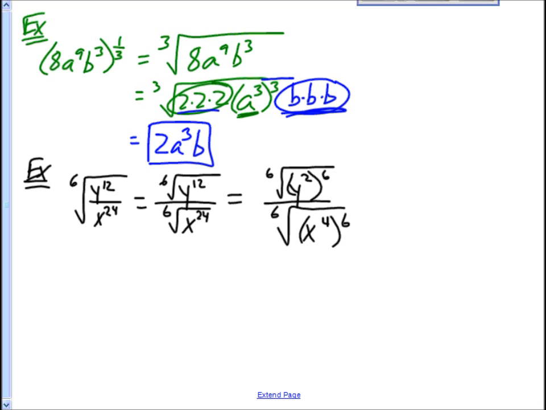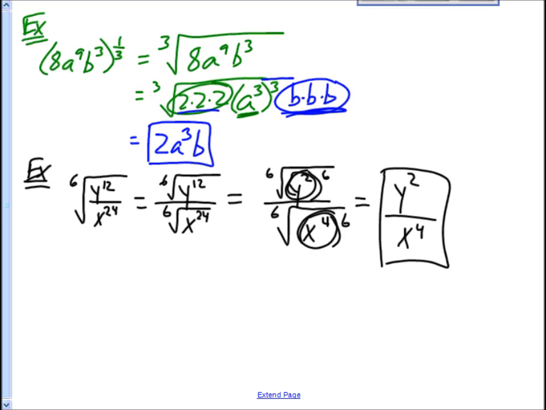So x to the 4th to the 6th, and so I end up with y squared on the top and x to the 4th on the bottom. So the 6th root of y to the 12th over x to the 24th is y squared over x to the 4th.